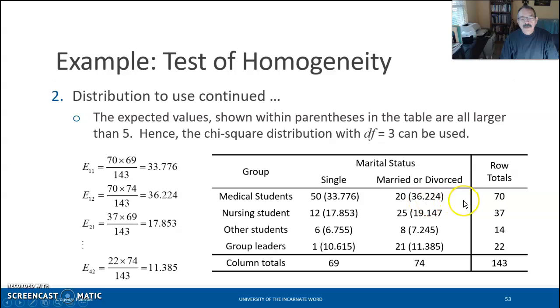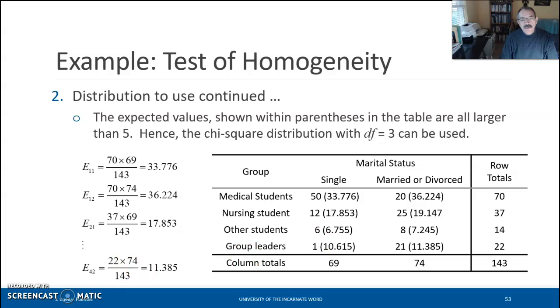For the second cell, we have the row total 70 times the column total 74 divided by 143, which gives you the second expected value. Then you go on to the next row, row 2, column 1, and again you multiply 37, because we're now in the second row, times the total of the first column divided by 143, and that gives you this number, 17.853.